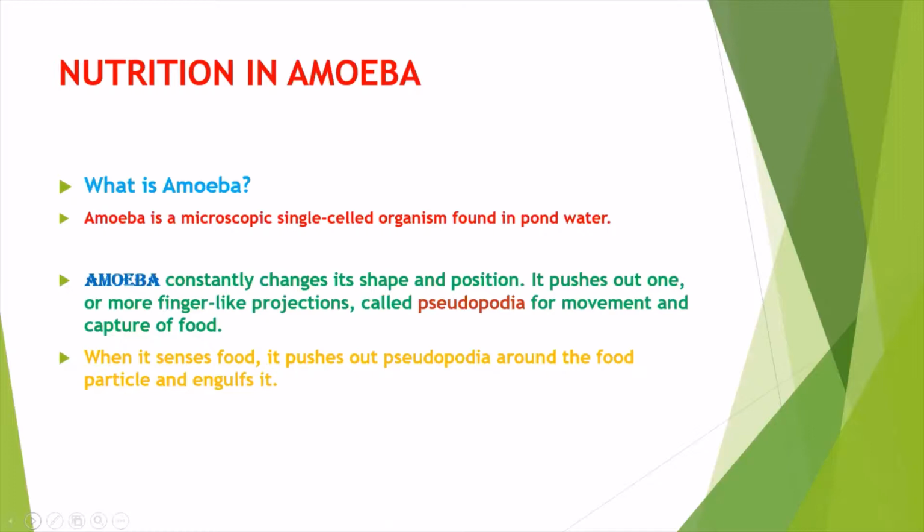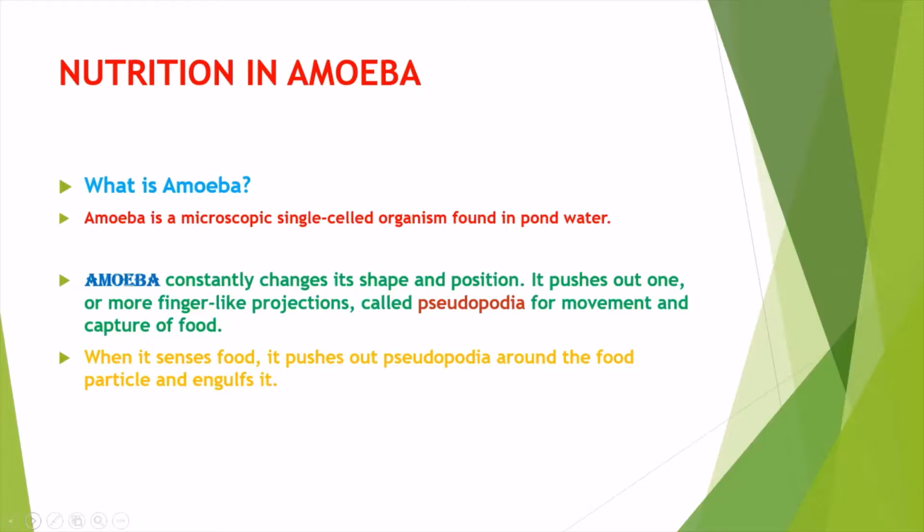We need a microscope to see such tiny organisms, and they are single cell. They only have one cell. And if you know, one human has crores and crores of cells, and this amoeba has only one cell. So think how small it will be.